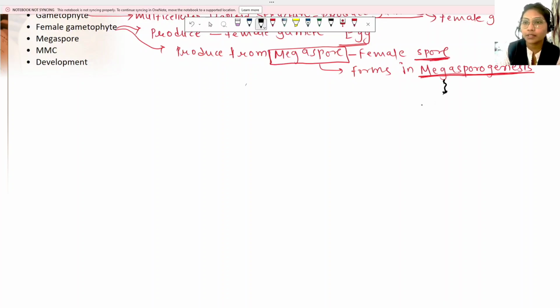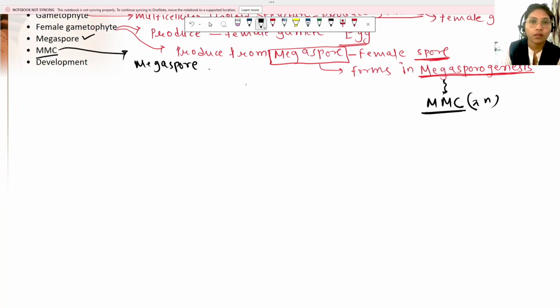Megasporogenesis is the process in which megaspore will form from diploid MMC. What is MMC? MMC is the megaspore mother cell. Okay, and it is diploid in nature.